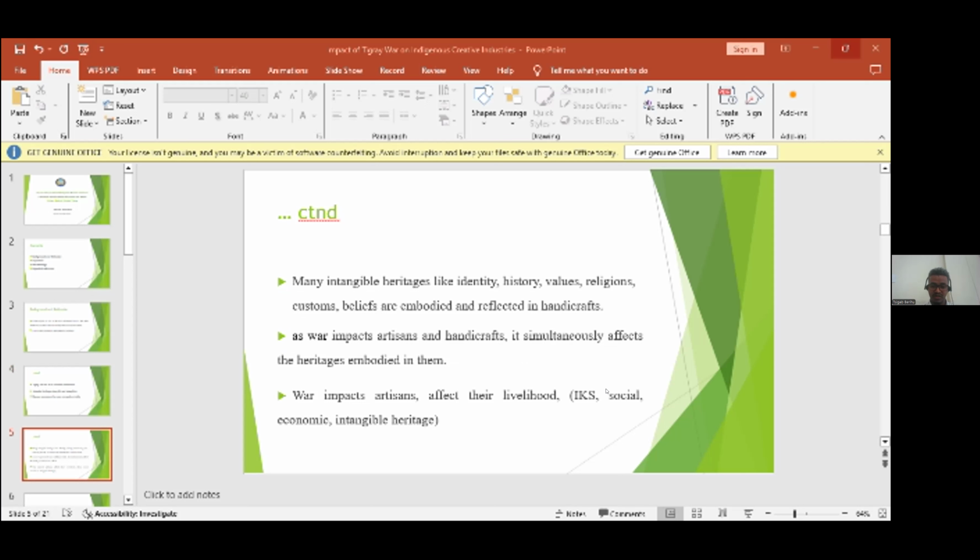So, war impact. Handicrafts are highly practiced within our communities, within Tigray society, and when war impacts the artisan communities, the people that produce handicrafts, it impacts their lives and the heritages embodied within them.